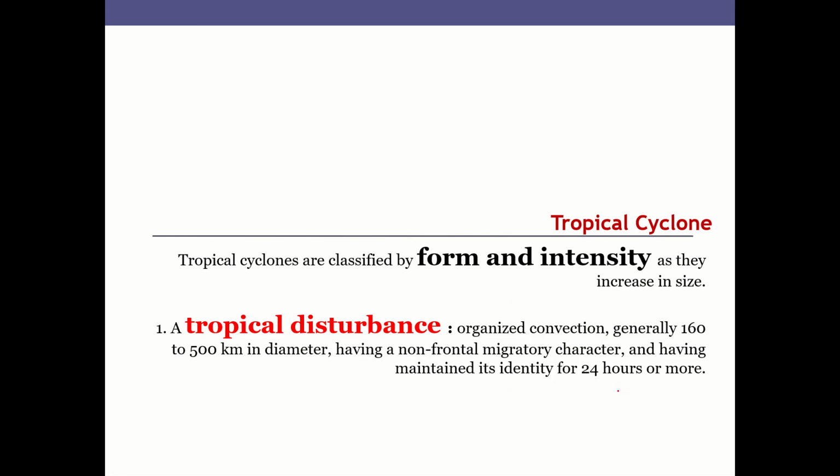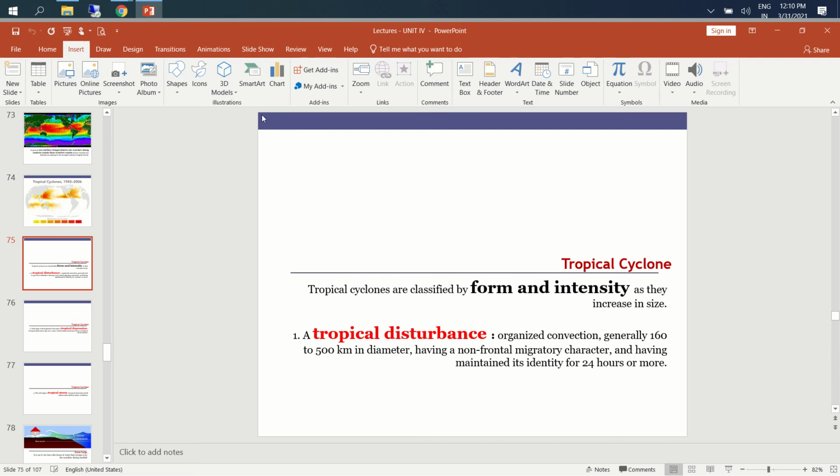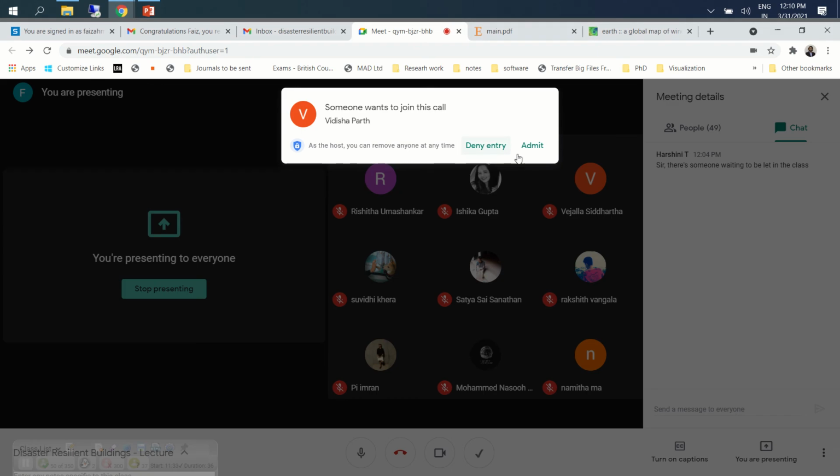When we see such a thing happening, we may start preparing, or we may start monitoring it, to check whether this tropical disturbance is converting into a cyclone or not. So this is the first thing that we should keep in mind.